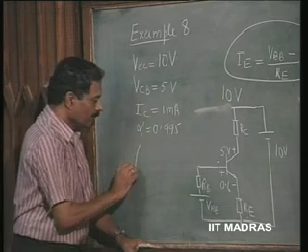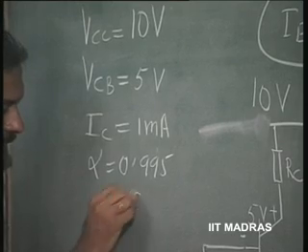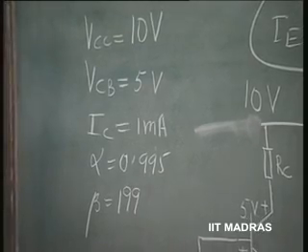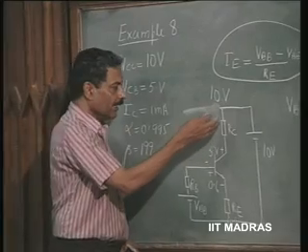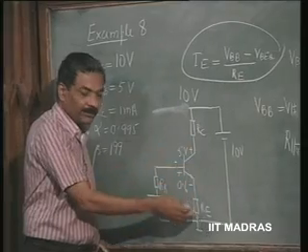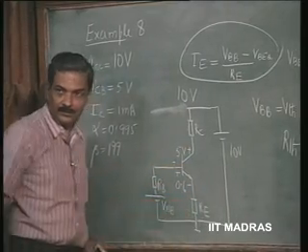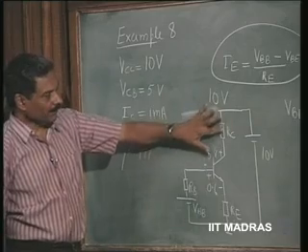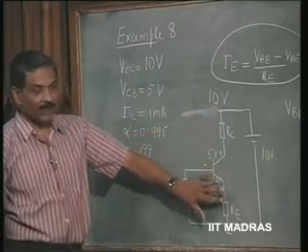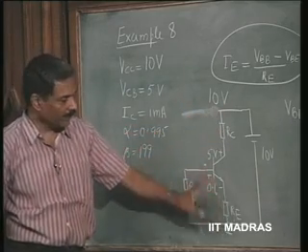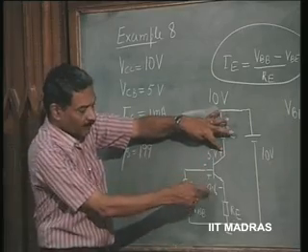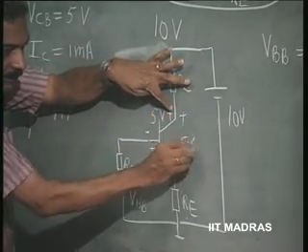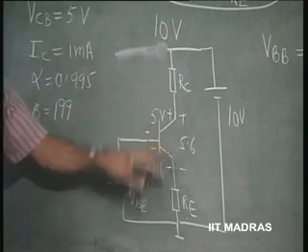That means beta is 199. So, you can say that IC is very nearly equal to IE, because alpha is 0.995. So, if this is 1 milliampere, this also is going to be around 1 milliampere. This voltage is 5 plus 0.6. So, this is 5.6. This is 5.6, this is 10 volts.